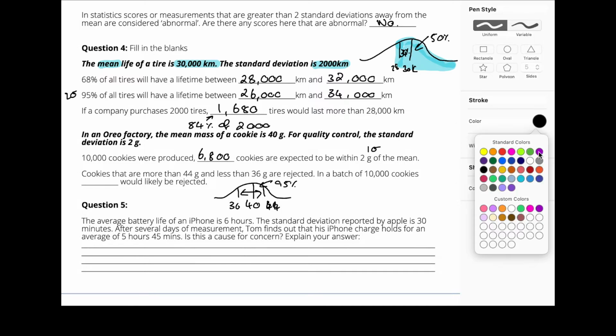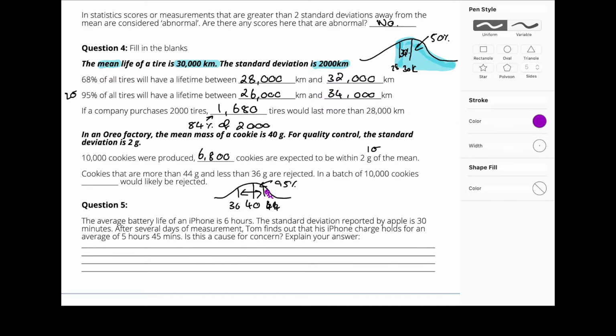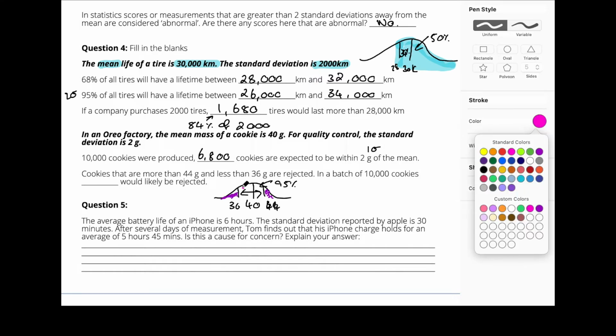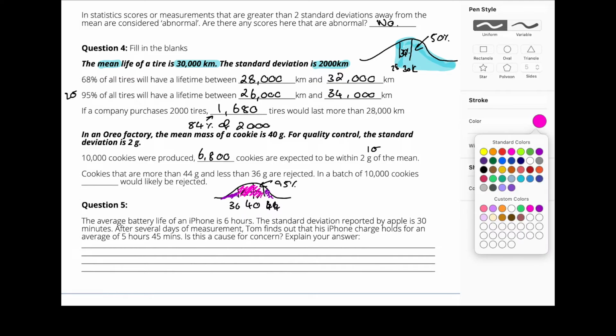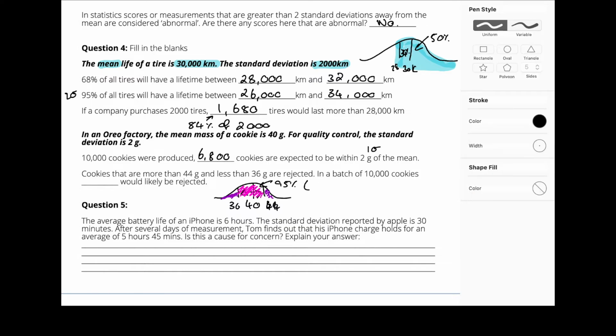Anything outside of that, in this region or in this region, is rejected. So if I know 95% exists within the pink region here, that's what's accepted because it's between 44 and 36. And how did I get 95%? 2 standard deviations. We're 2 standard deviations away from 40. So I'm looking for 5% of 10,000, and if I do 5% of 10,000, then I'm going to get 500 cookies. Those are how many would be rejected.